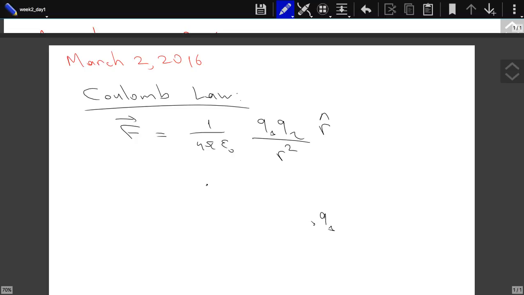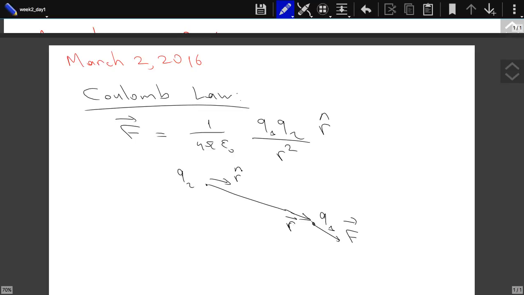So let's say this is Q1, this is Q2. If you want to write the force F that Q1 is feeling due to the charge Q2, this is the vector R. And r hat is nothing but a unit vector pointing in the same direction. So r hat is this one.